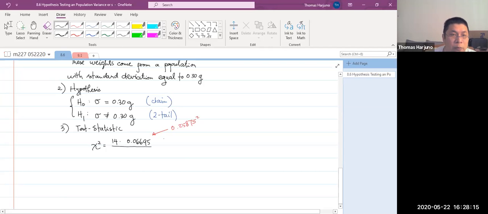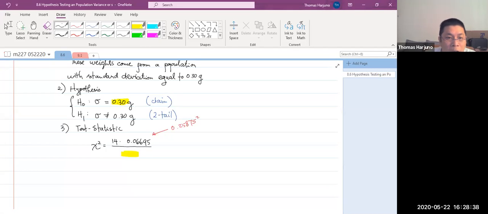Now, just like before, the parameter will come from the null hypothesis, the constant of the null hypothesis in step 2. But don't forget, the number we get here is from the population standard deviation, while the number we put here has to be population variance.